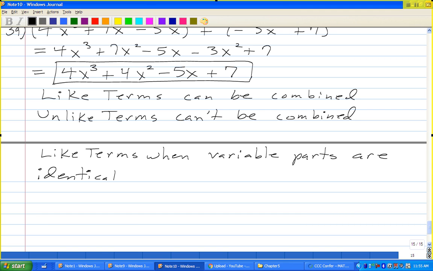When I say identical, well, if you write them the same, you can combine after simplification.